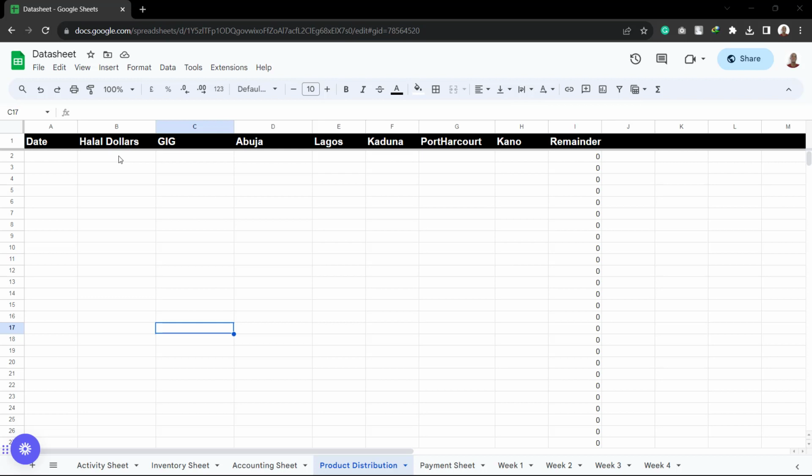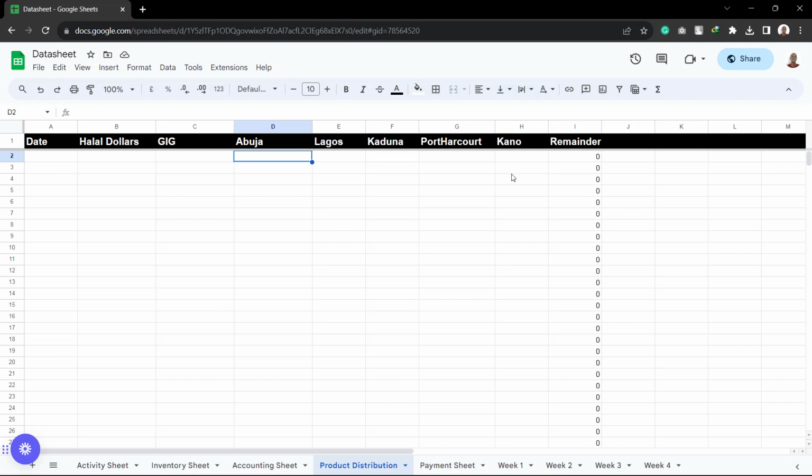However, when we start shipping, we send to different locations. If you use GIG, you can send a number to GIG, and on that date you input the amount of products that were sent to GIG that day. If you send products to Abuja, you input the number of products sent to Abuja. Abuja, Lagos, Kaduna, Port Harcourt, Kano, all of these are the states that we have delivery persons in, and these are the states we use when we want delivery persons to make deliveries.